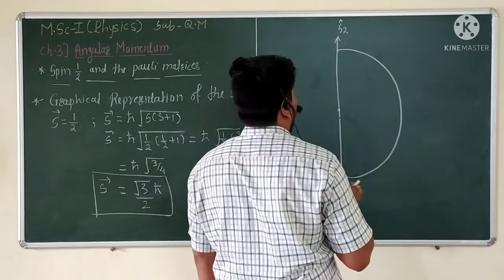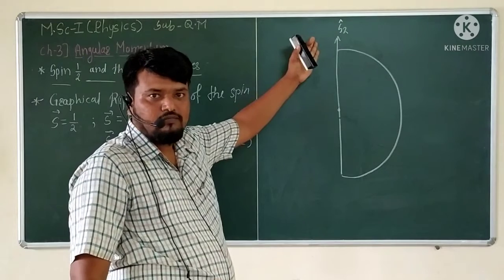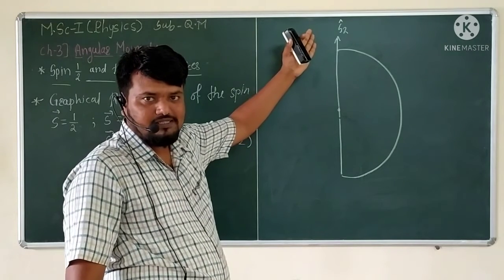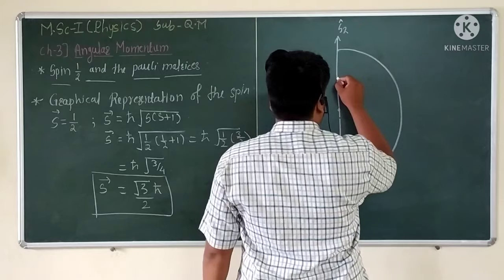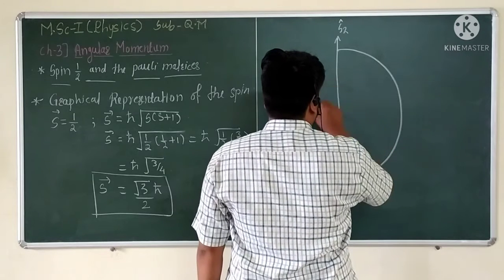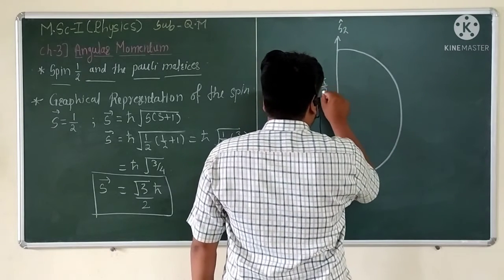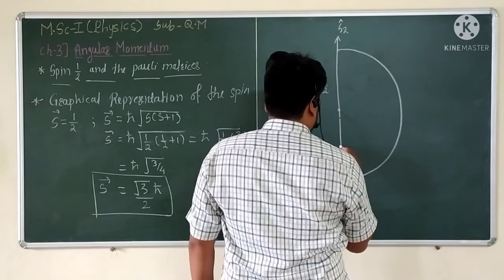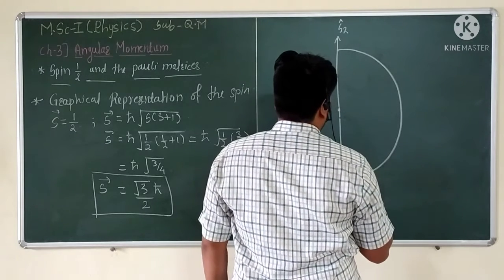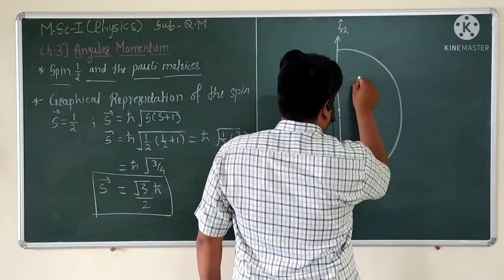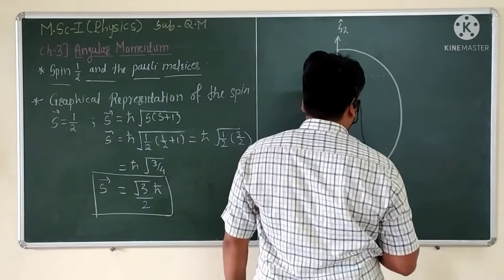The Sz eigenvalues are plus h cross by 2 and minus h cross by 2. So for example, this is plus h cross by 2 and this is minus h cross by 2, the values for ms equal to plus or minus half.